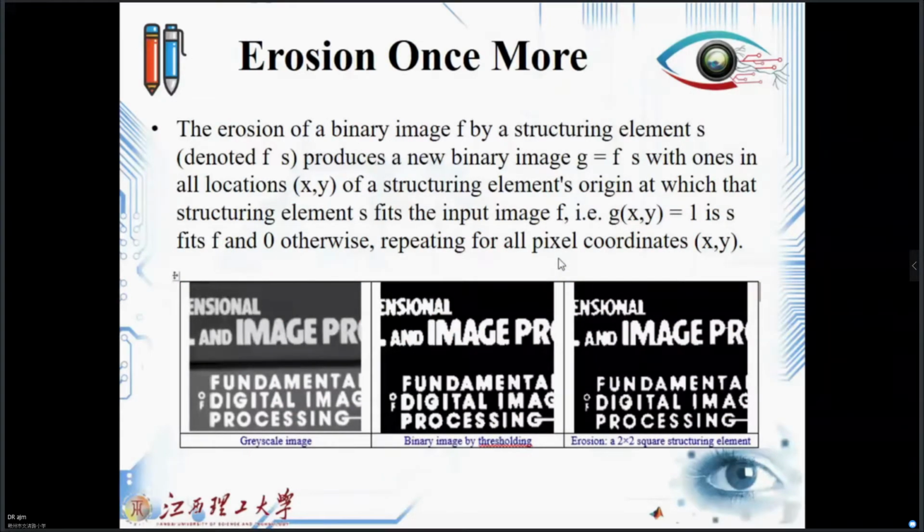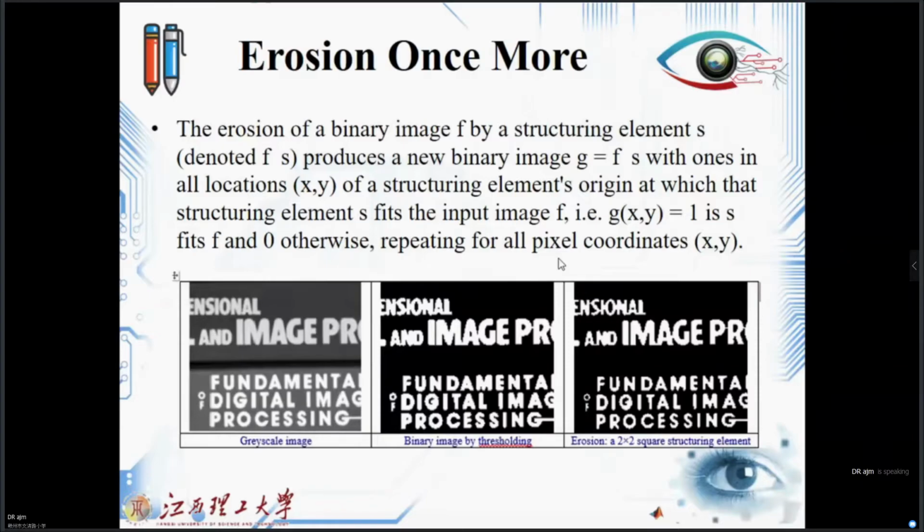Then, if we want to see it again, erosion of a binary image f by structuring element s, which we denote f ⊖ s, produces a new binary image g equal to f ⊖ s, with 1 at all locations x, y of the structuring element's origin at which the structuring element fits the input image f.